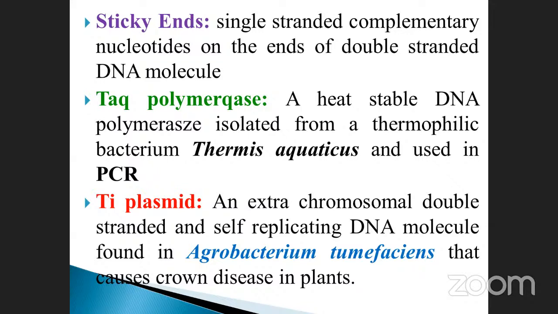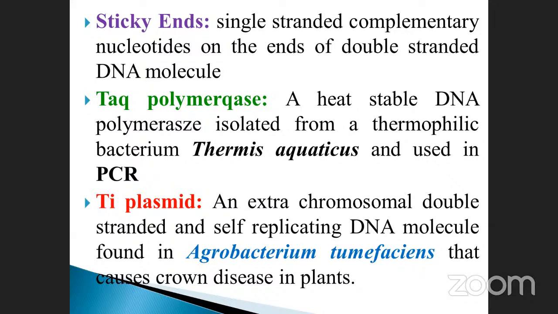Both of you, please follow it. Tumor inducing plasmid. You already know what a plasmid is: an extra chromosomal double stranded component present in bacteria or any other cell. It is considered a plasmid because it has self-replicating DNA molecules, isn't it? That extra chromosomal body, the plasmid, is found in Agrobacterium tumefaciens.